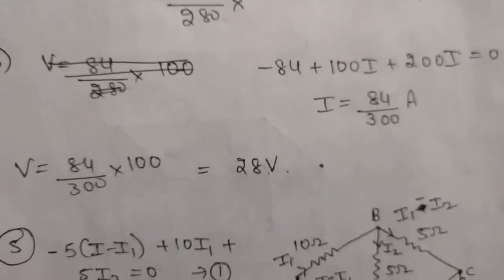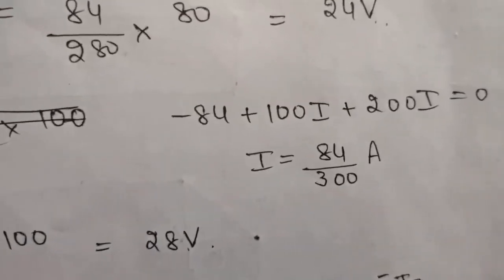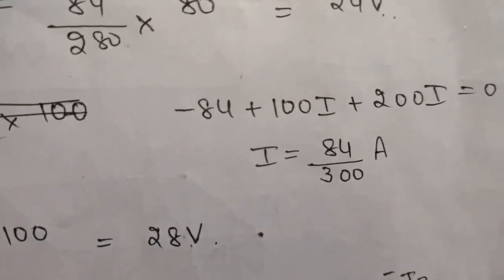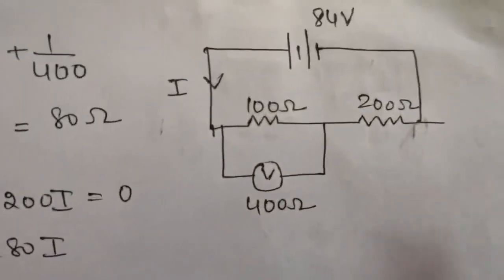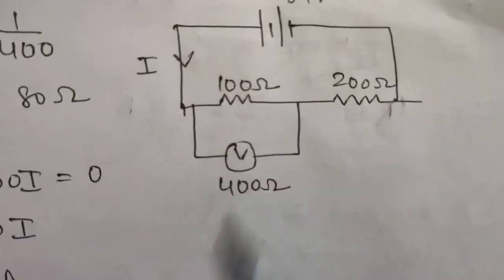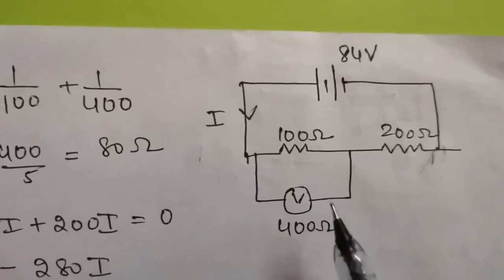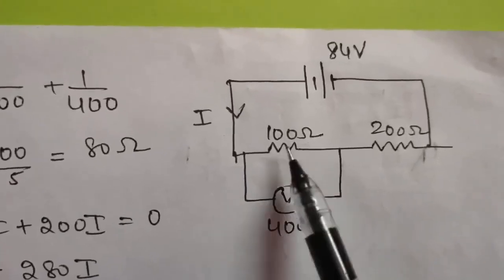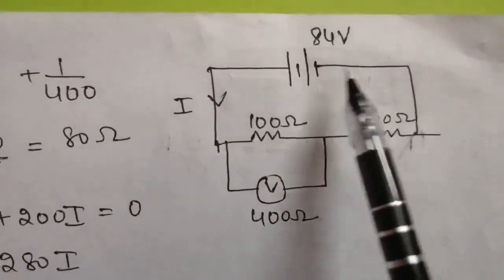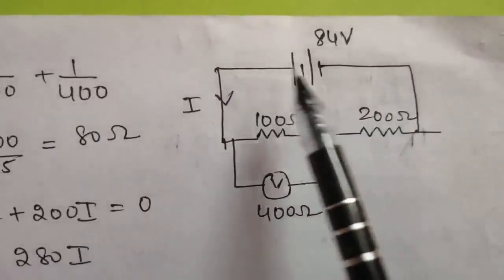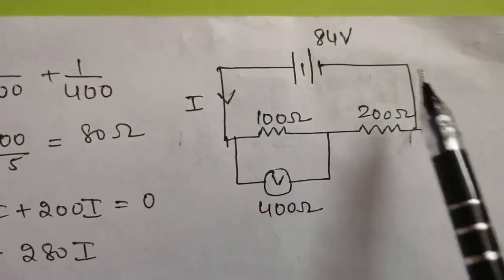In the second case, you have to calculate the potential drop across the 100 ohm resistance, that is across this one, before the voltmeter is connected, that is when this one is not connected. What will be the potential drop across it? So this will be the only circuit. So let us use Kirchhoff's law in this circuit.